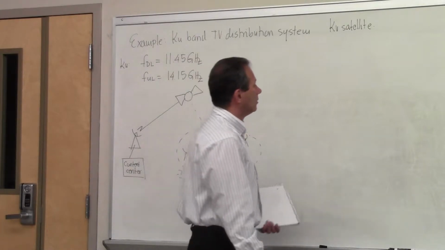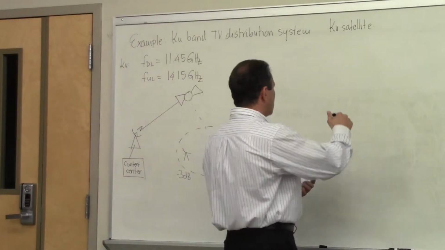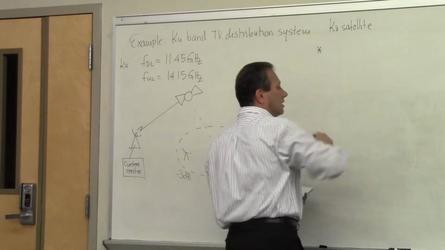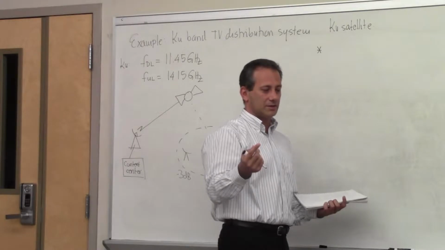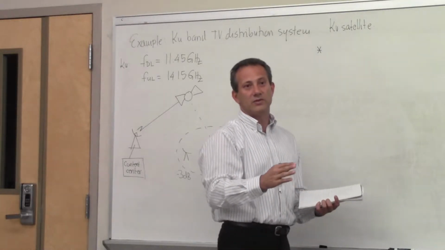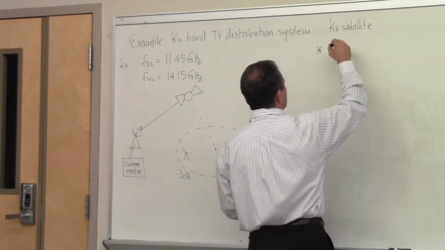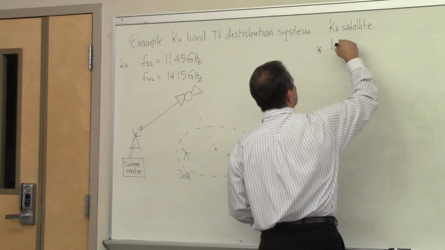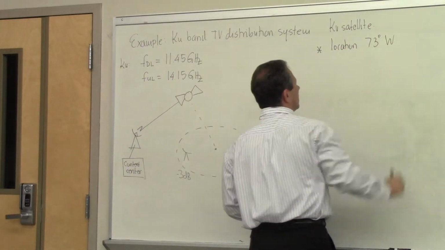So all the TV broadcast satellites are on the geostationary arc. And if the satellite is on the arc, what we typically provide as a description of where it is, is just the longitude of the satellite, where on that arc it is. So this particular satellite is going to be at location 73 degrees west.